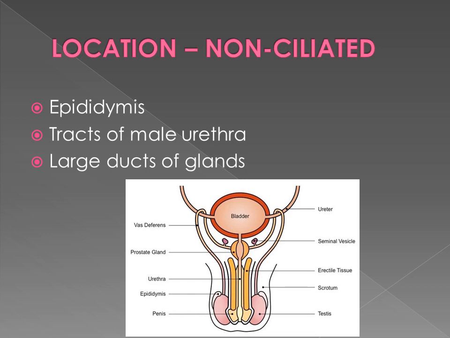Then the location of the non-ciliated pseudo stratified epithelium. This is present especially in the male reproductive system. If you look at the male reproductive system, can you watch the testis? Above the testis, one curve-like structure, one tube is there. Can you see? That is marked as the epididymis.